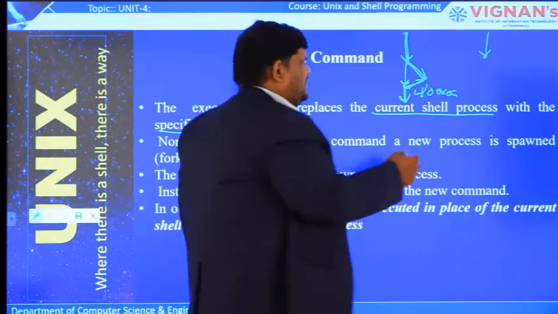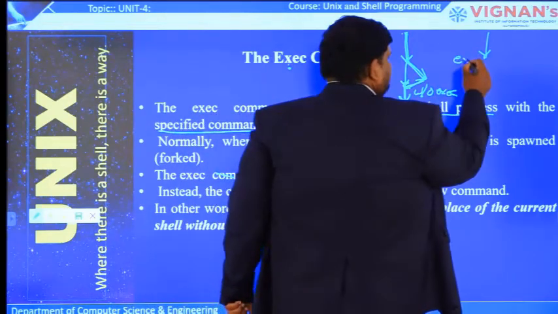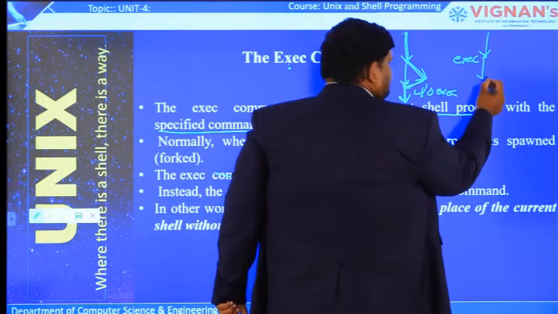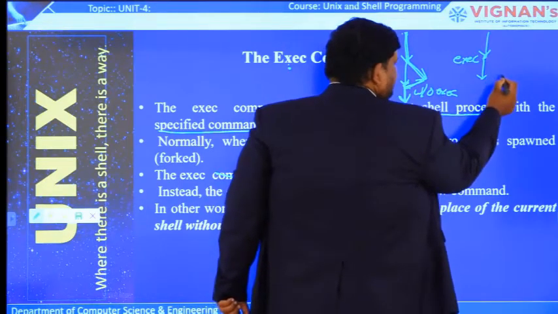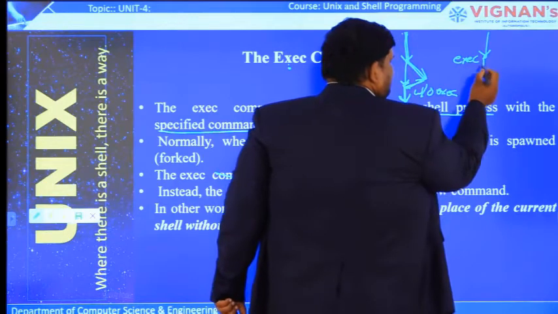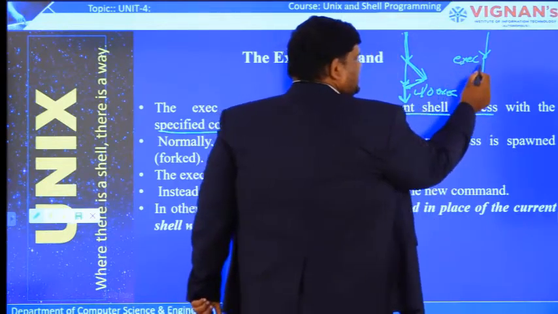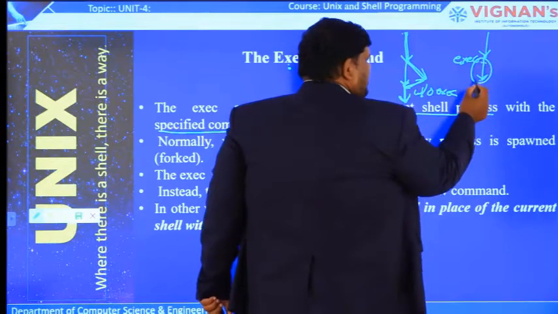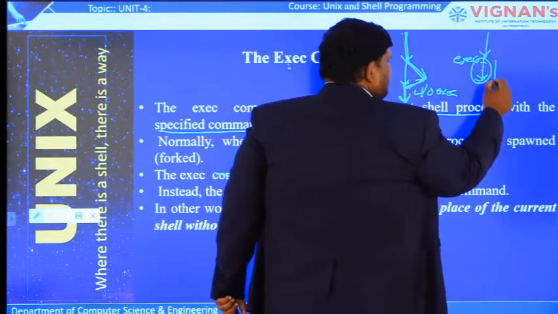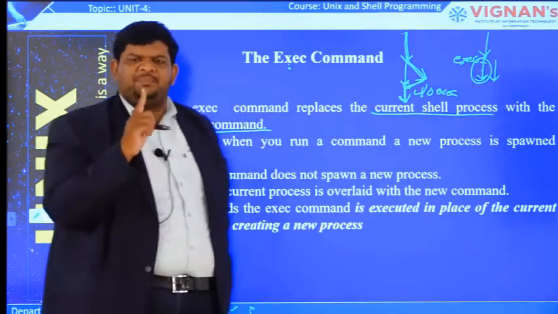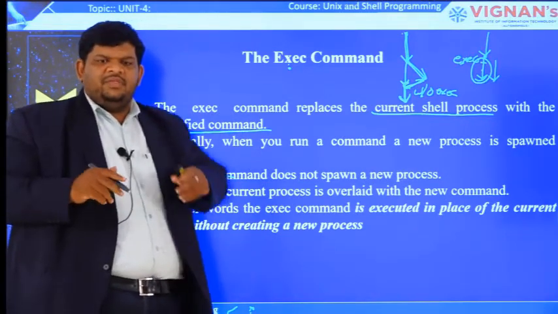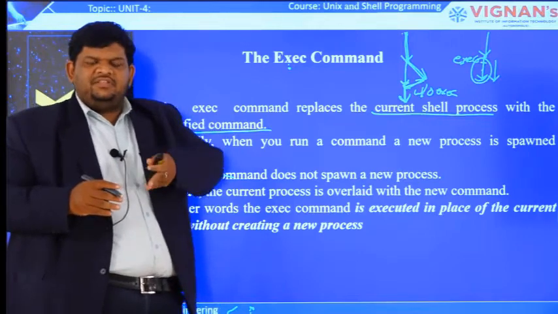Now, along with exec, here a new process will be created, nothing but the child process. What happens is that exec will replace this parent process, or current process, with the child process. That means only one process will exist, and that process is the new process. The old process is replaced with the new process.